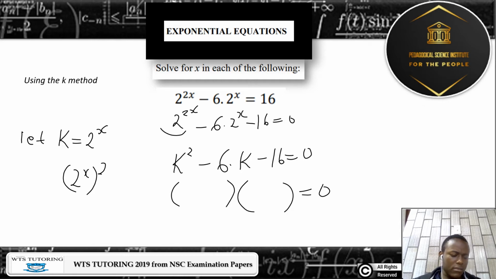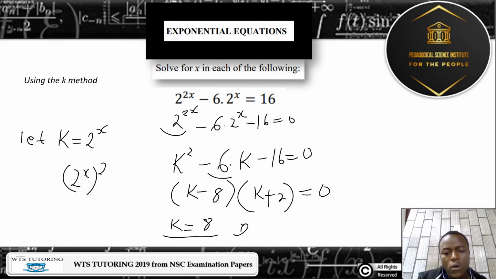Okay, you see it takes time, so it's 8 times 2, right? So 8 times 2 is 16. Then if I say minus 8 plus 2, it will give me minus 6. So minus 8 plus 2 will give me the minus 6k. So that's it. By the zero factor rule, k will be equal to 8, or k will be equal to negative 2. So k is 8 or k is minus 2.